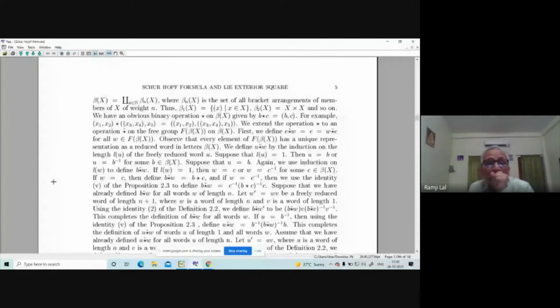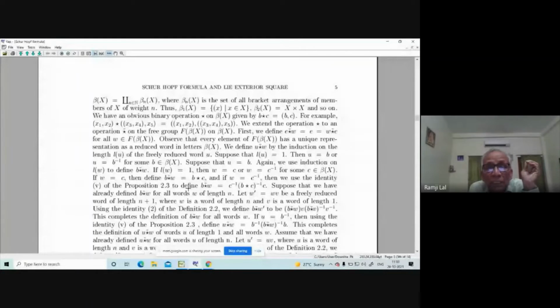So again we use the induction on W. First we have used induction on u, and then the induction on W also. So if W is c, then u star is just already defined here, and if W is c inverse, then we use the identity fifth of the proposition which we have already derived, so that it remains a multiplicative algebra.